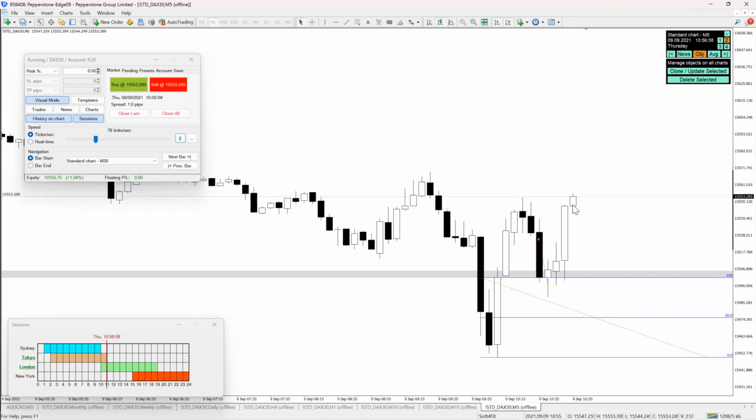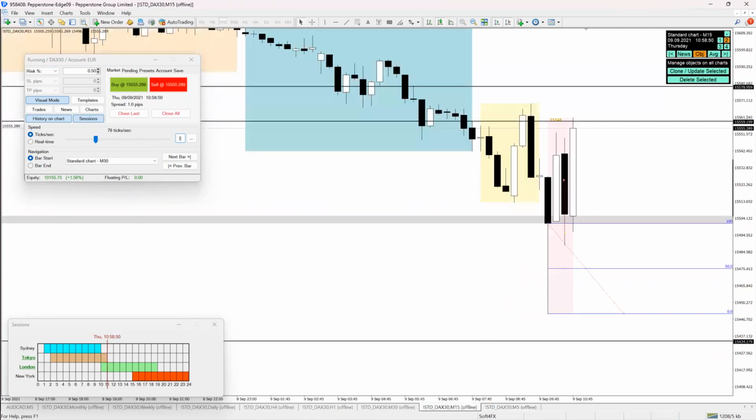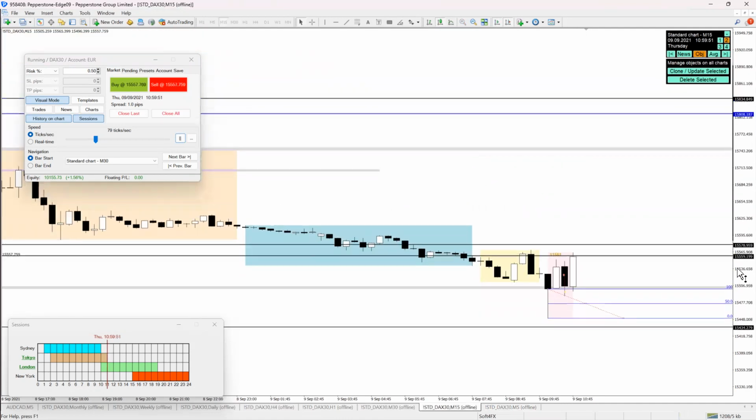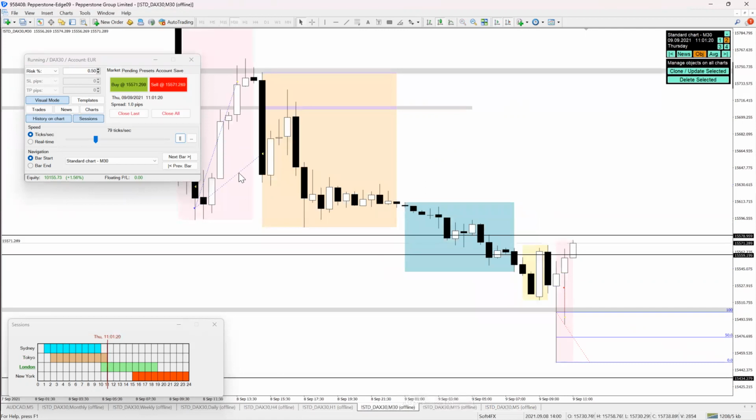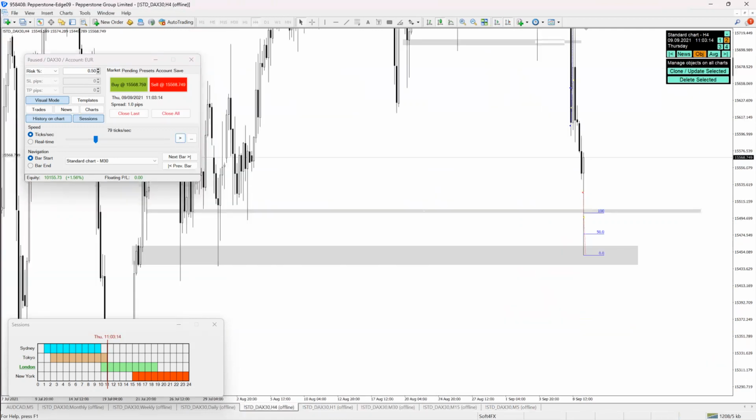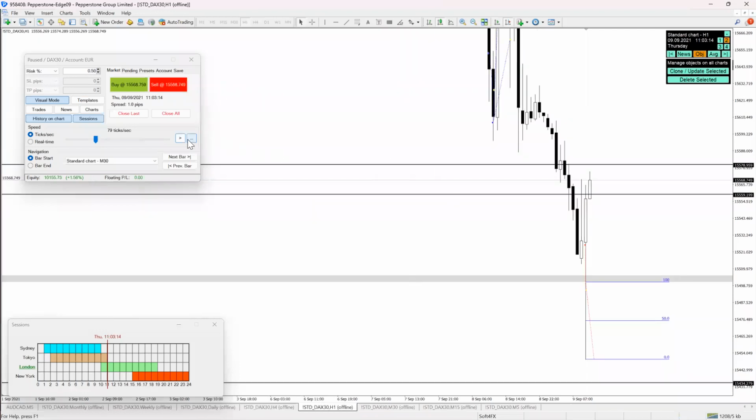Looking good for those buys. Now I can correct a lot of this move.